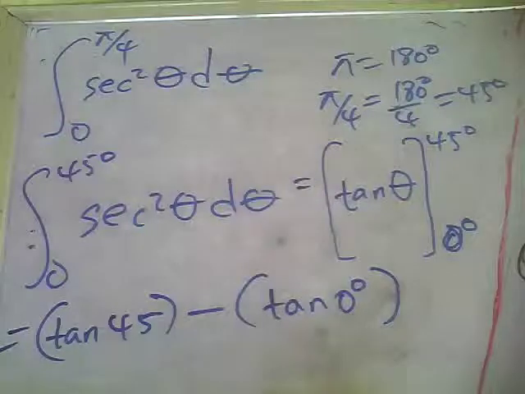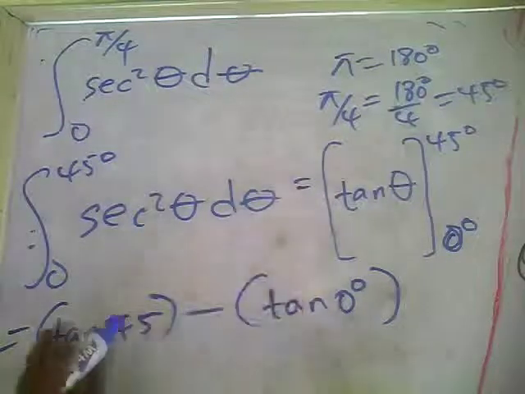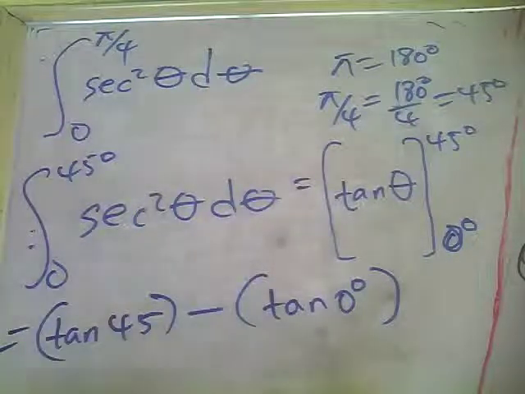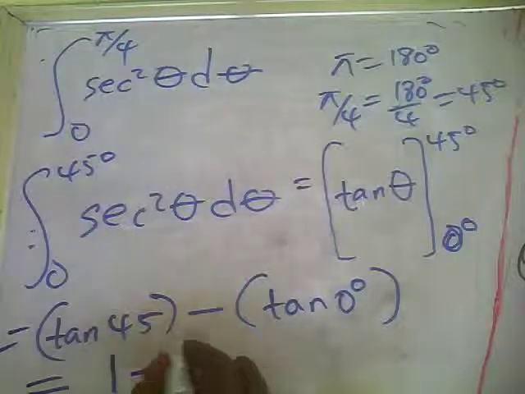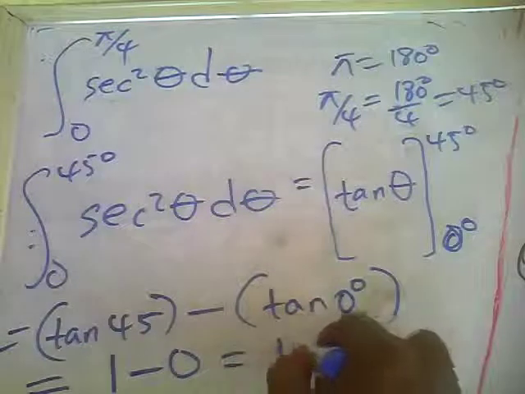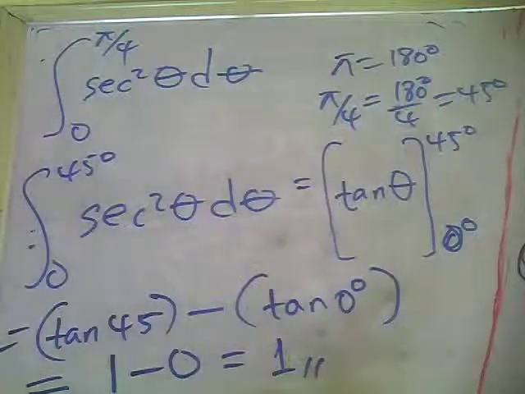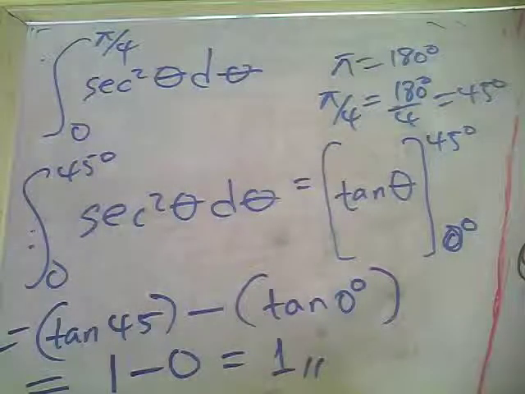So we are subtracting tan 0 degrees from tan 45. That's the technique, right? The answer is going to be tan 45 is 1, tan 0 is 0, so we have 1. So we got 1 as our answer. That's 1 minus 0 is equal to 1.